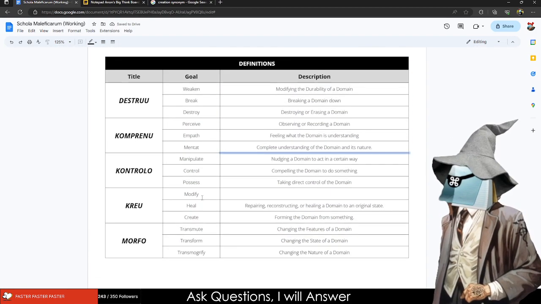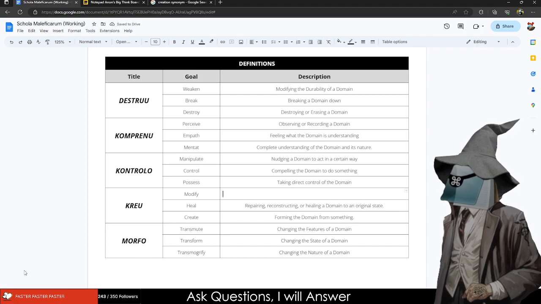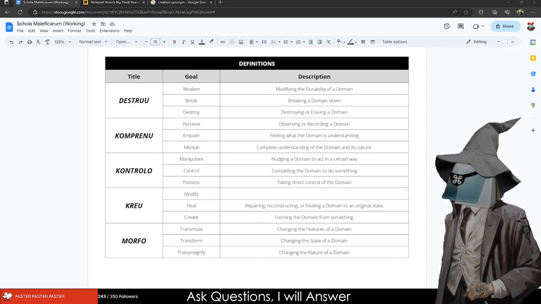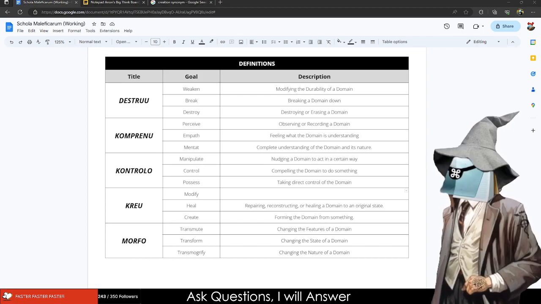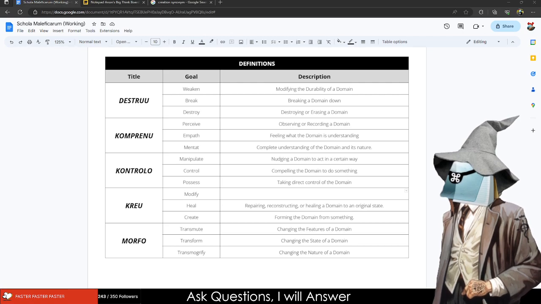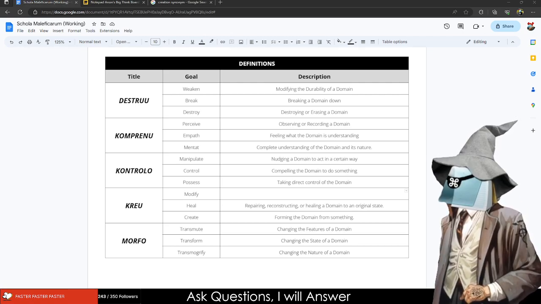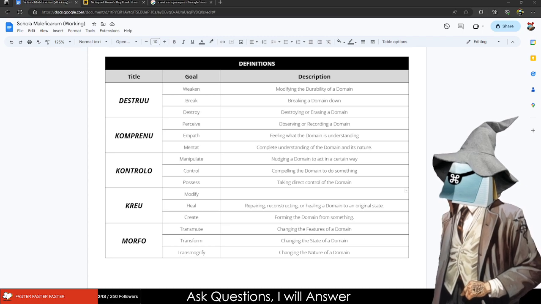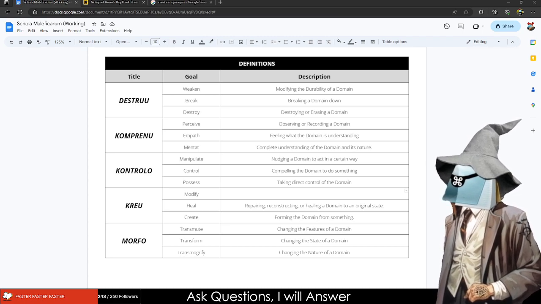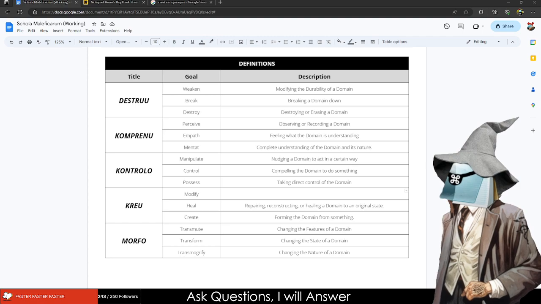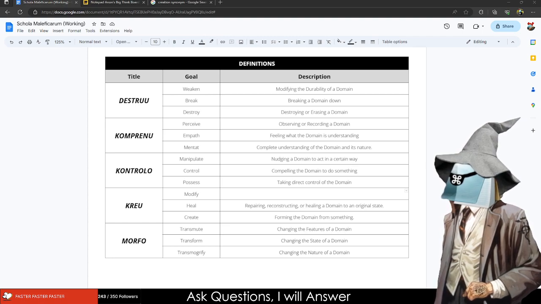What am I looking at? That's a hard one. Pretty much the idea is, if I want to, let's go back. I want to create something. I am creating light from nothingness. I want to heal light. I want to make sure that the light is brighter.